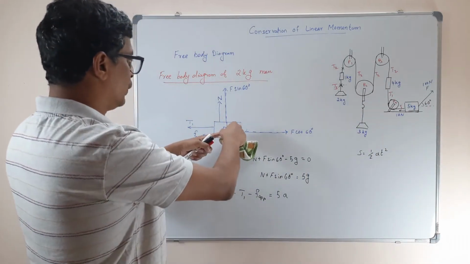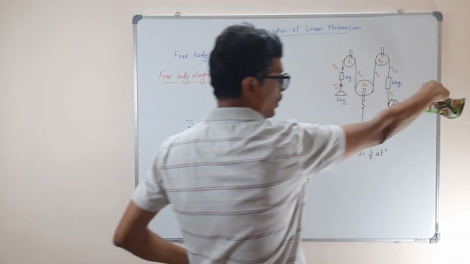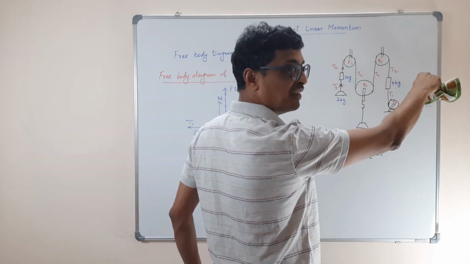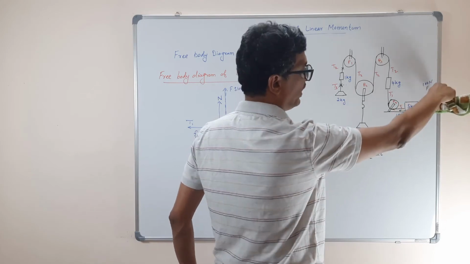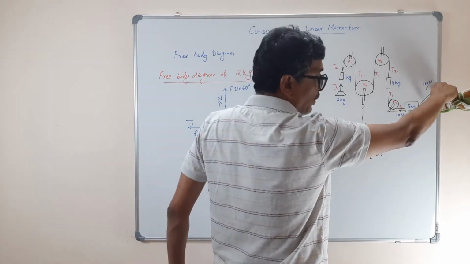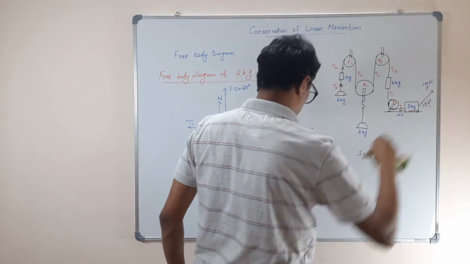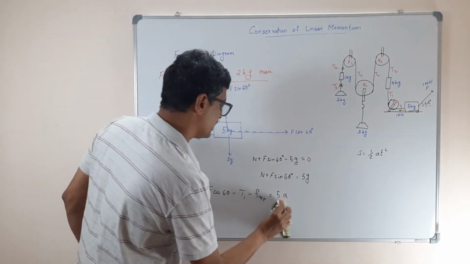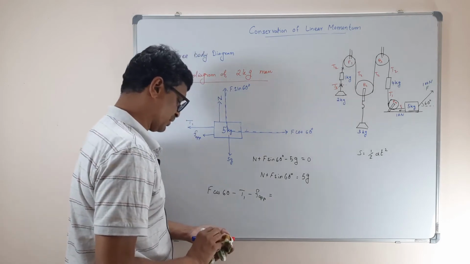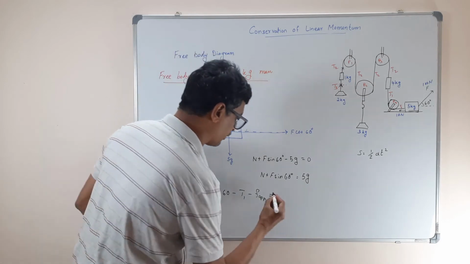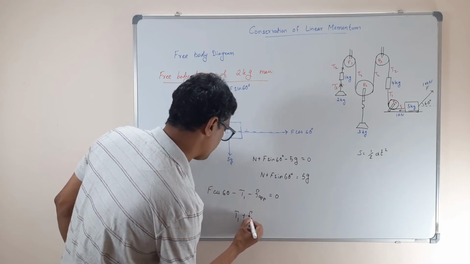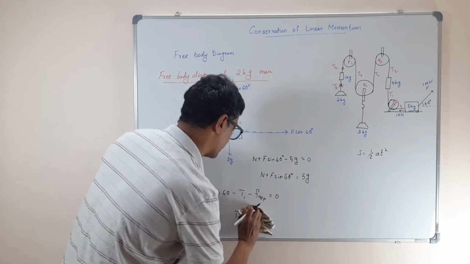That means you are holding with a force such that nothing is moving. So when nothing moves, when in equilibrium, this acceleration becomes 0. Am I right? That's what the answer they gave in your book. So then T1 plus F opposing force, let us call it 10 newtons.